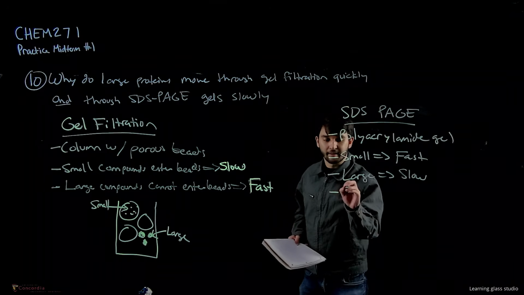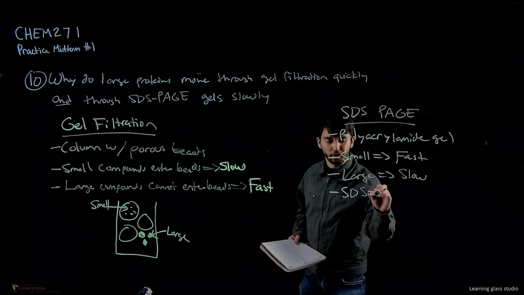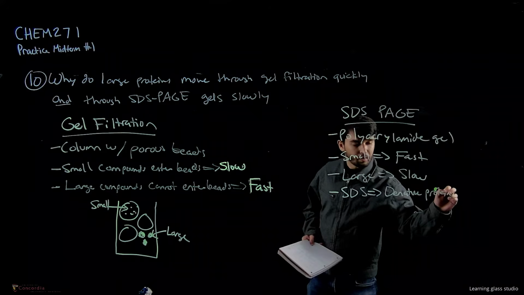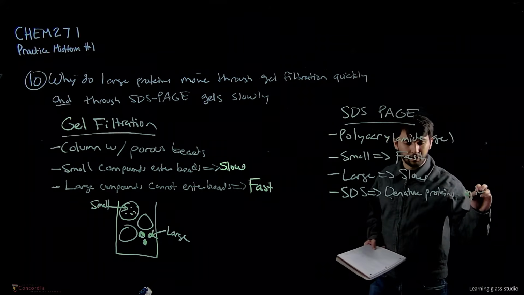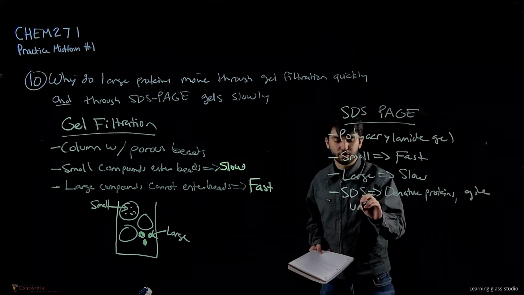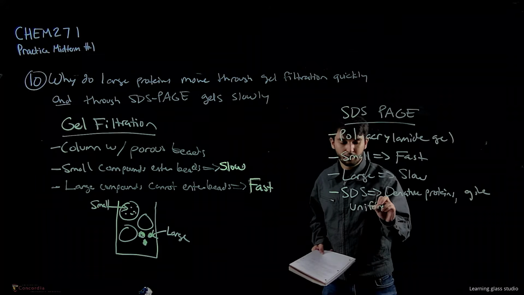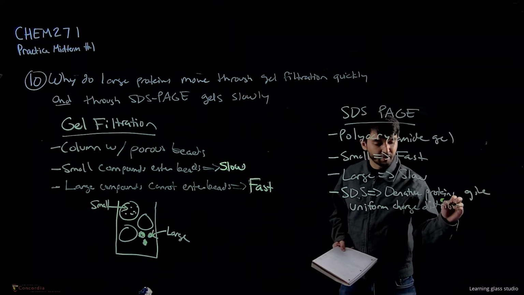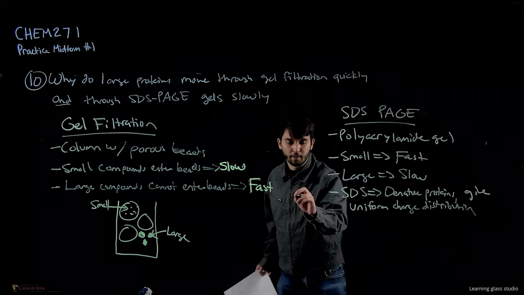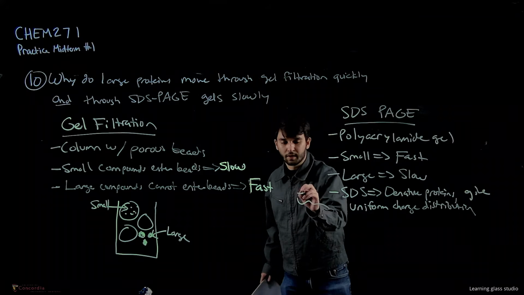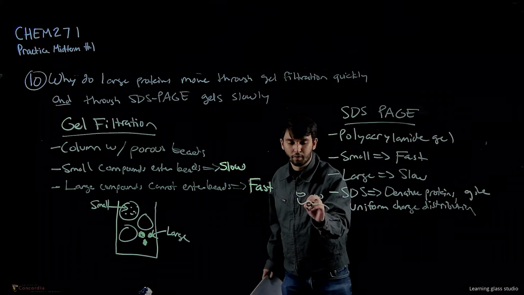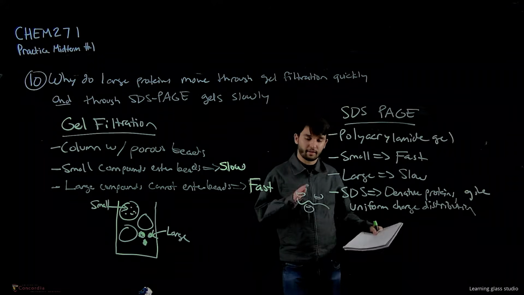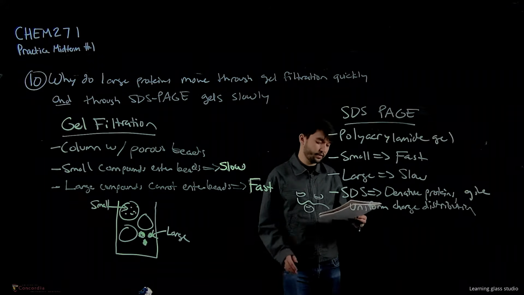SDS here will denature the protein, and this will give a uniform charge distribution. Essentially, it will untangle the protein and give it negative charge all over, and that is proportional to the size of the protein, not necessarily to specific amino acid residues.